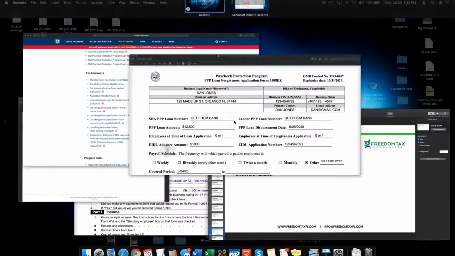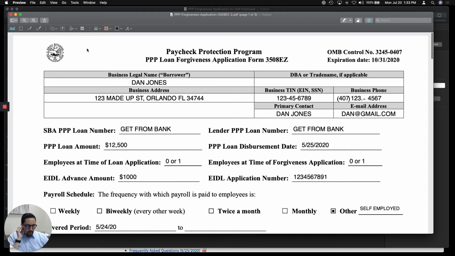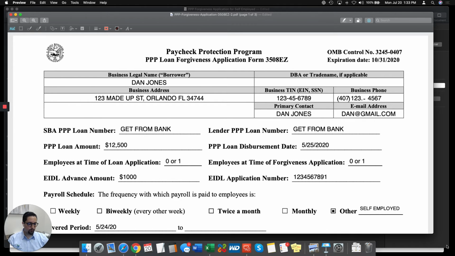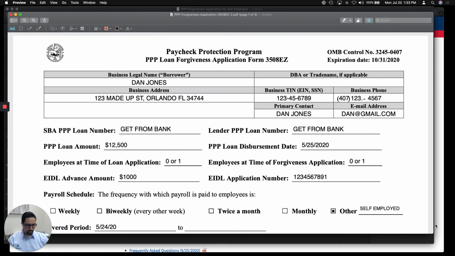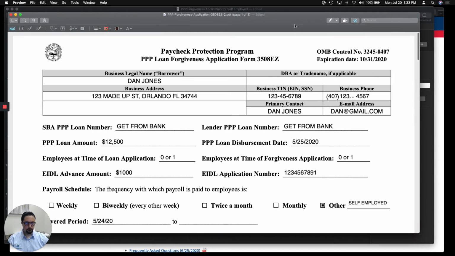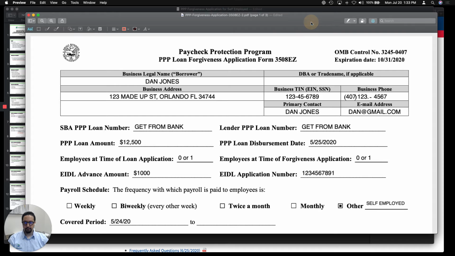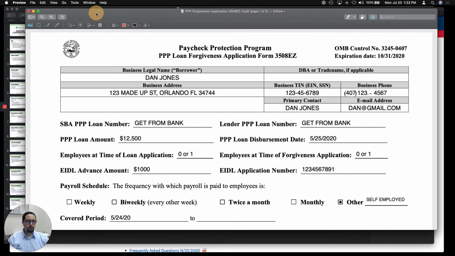Okay, so once again, this is the 3508 EZ form. This is what you need to fill out in order to apply for your forgiveness. Once again, your bank or lender may have their own version of this, which you're going to have to fill out online.